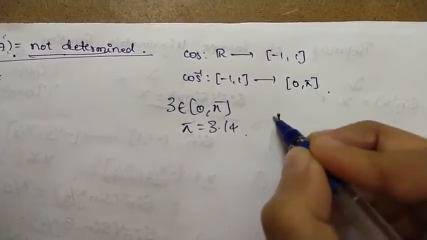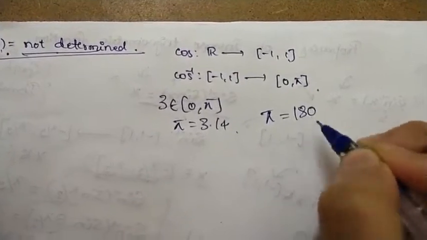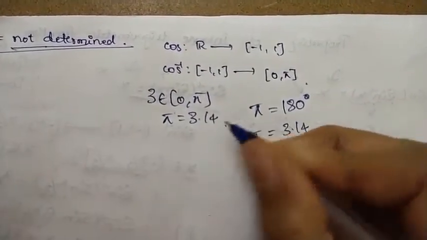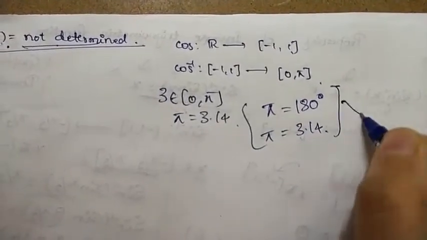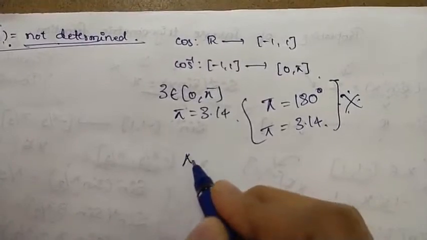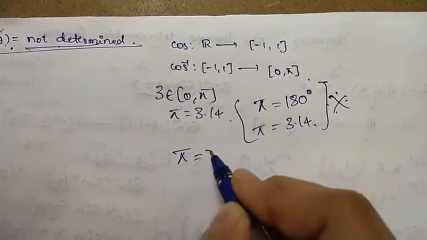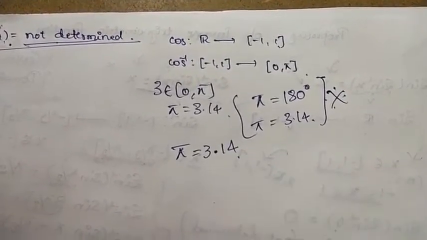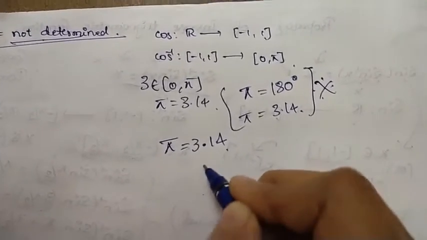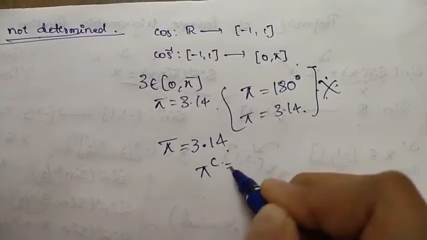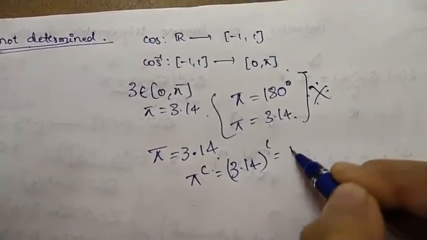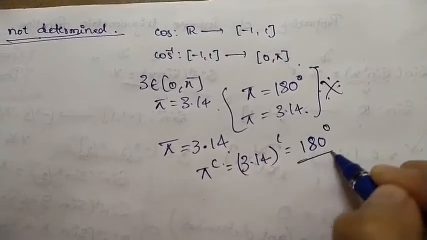So one more thing which you need to remember. One time I will say pi is equal to 180 degrees, another time I will say pi is equal to 3.14. What you need to remember here is that the actual value of pi is 3.14 itself. When we take pi radian, at that time we are going to get 180 degrees. So no need to be confused regarding this.